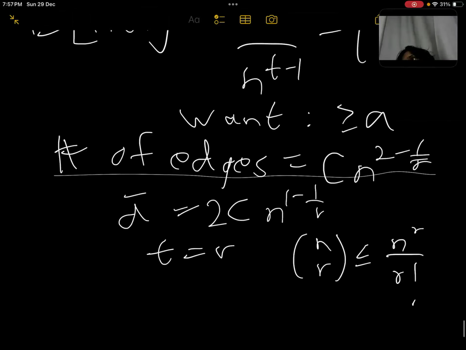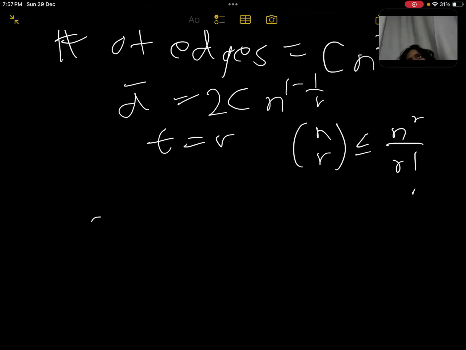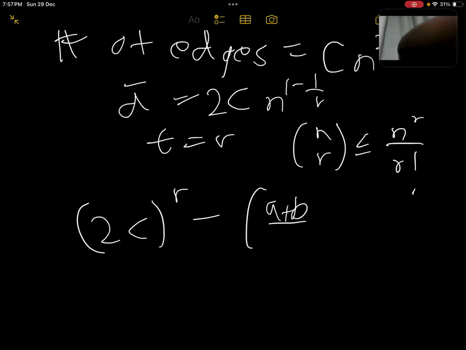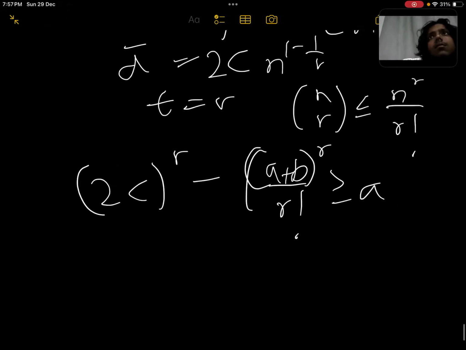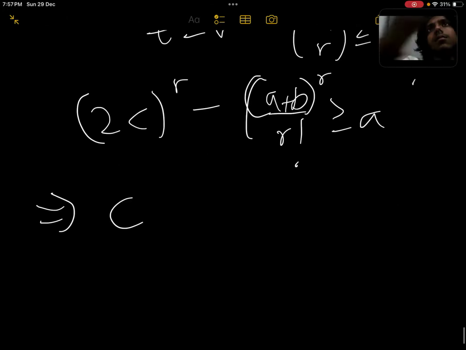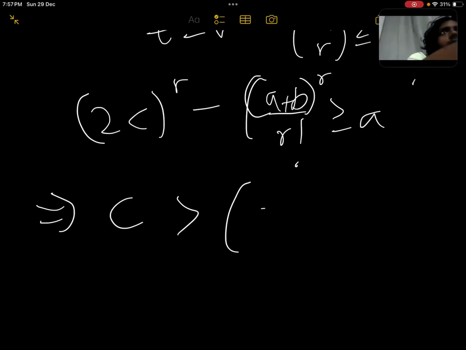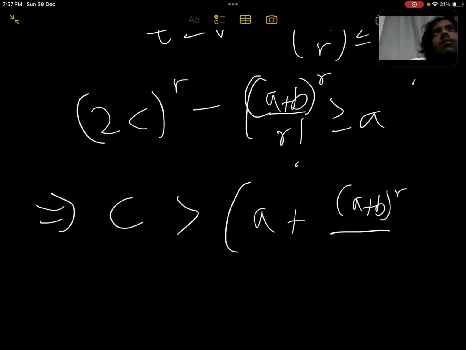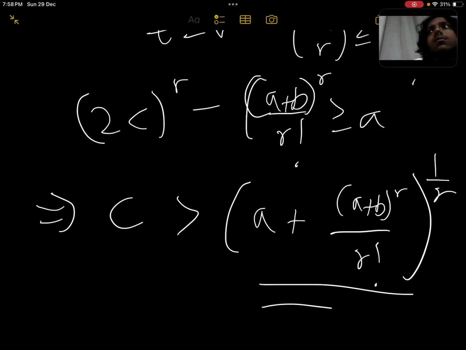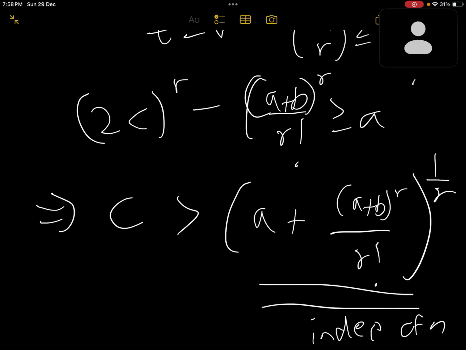If you put this all together, you will get that we need 2C raised to R minus A plus B raised to R by R factorial. We want this to be at least A. So we can take C to be greater than this, and this is independent of n. All of this over 2, right?